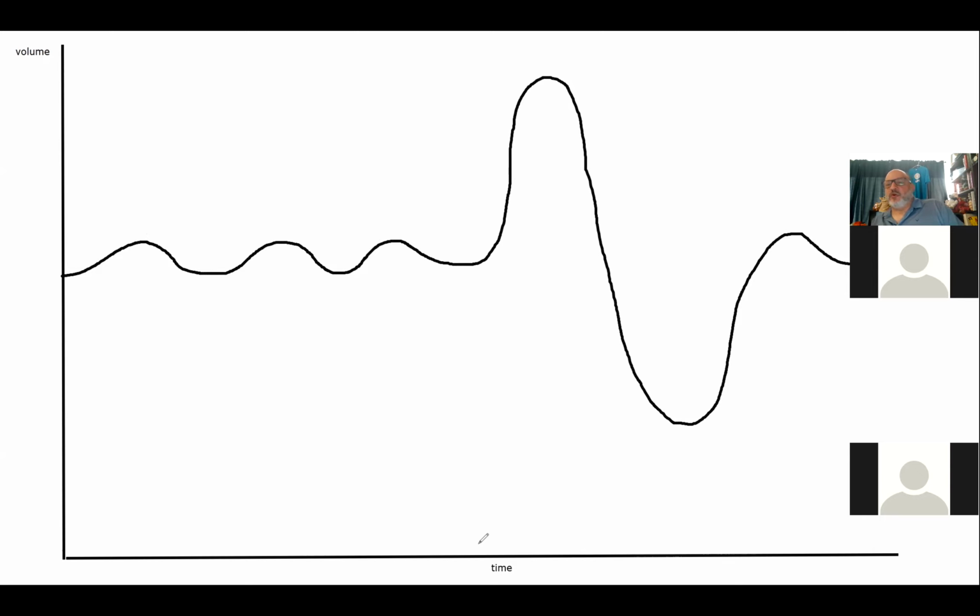This is what your graph would look like. And the nice thing about this is once you did that, you would actually be able to use the computer to calculate those 10 important volumes and capacities.